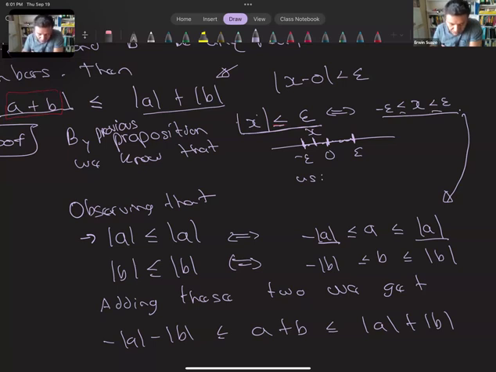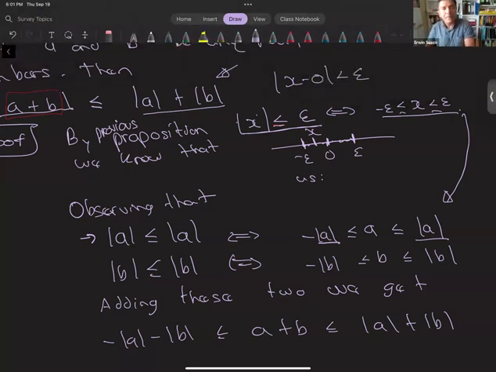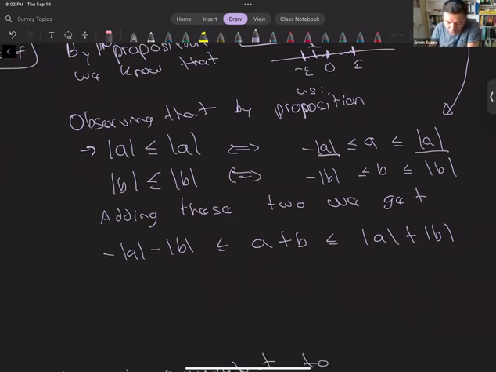So observing that the absolute value of A is less or equal than the absolute value of A, this is if and only if A is between minus the absolute value of A and the absolute value of A, and the same for absolute value of B, right?